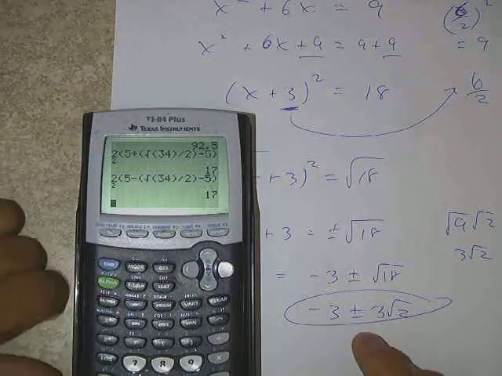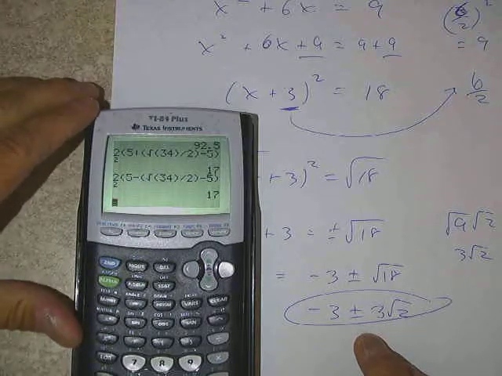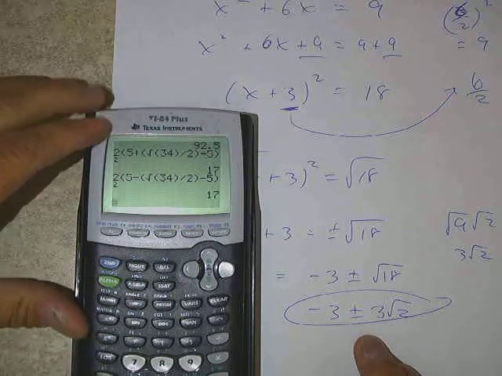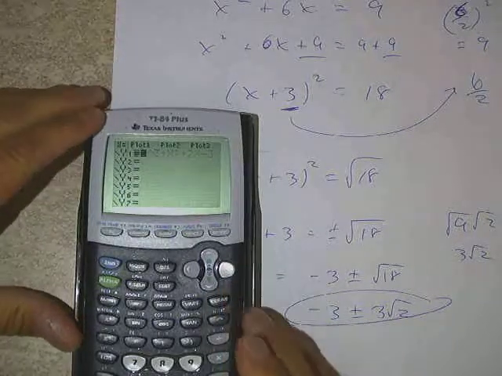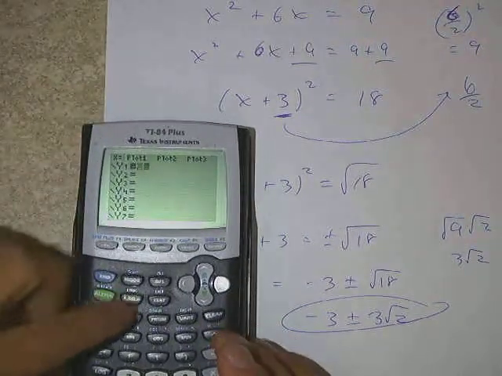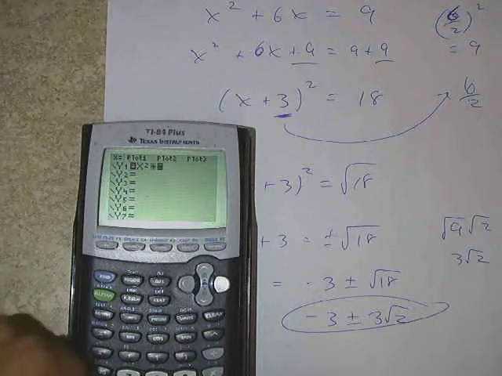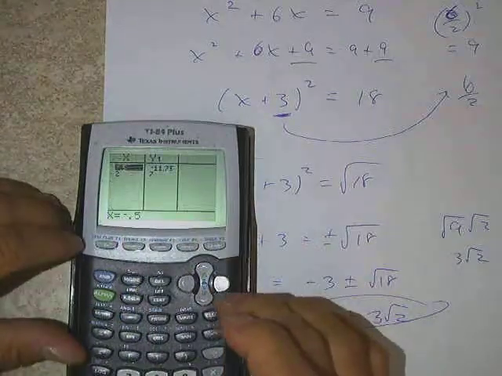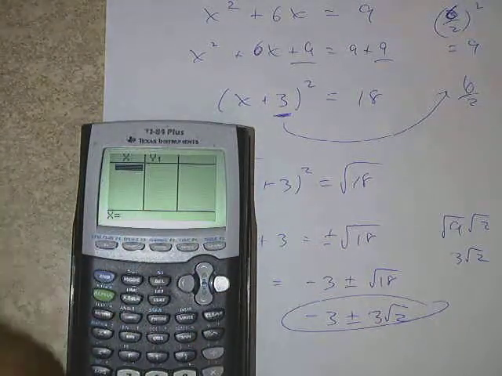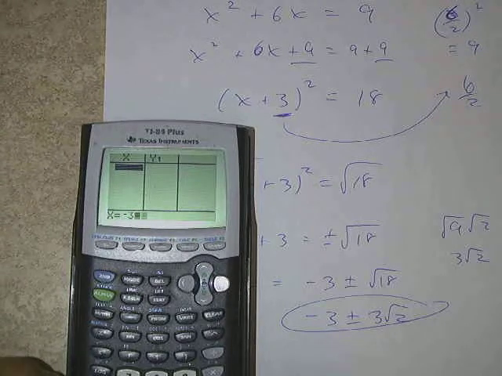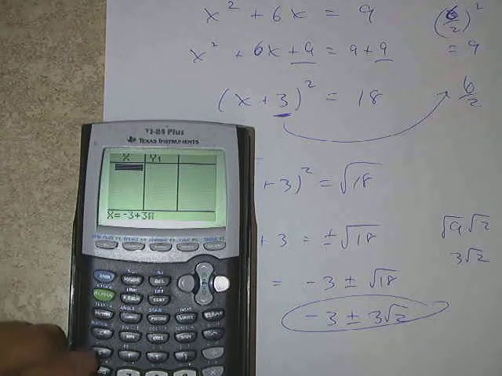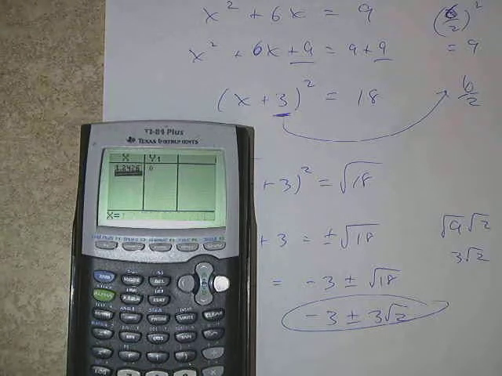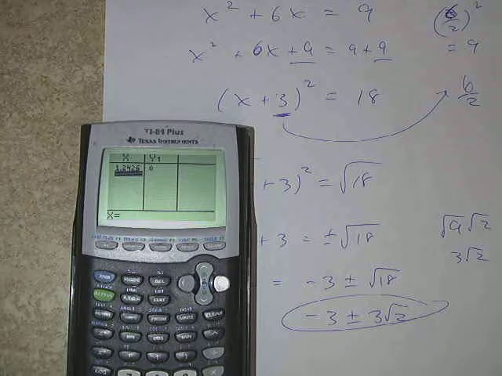Now, just to illustrate the fact that we can check this still even though the answer has radicals in it, if I were to take my equation and put it in my y equals, x squared plus 6x minus 9, and go to my table, clear those two, and type in negative 3 plus 3 radical 2, I get 0, which is good.